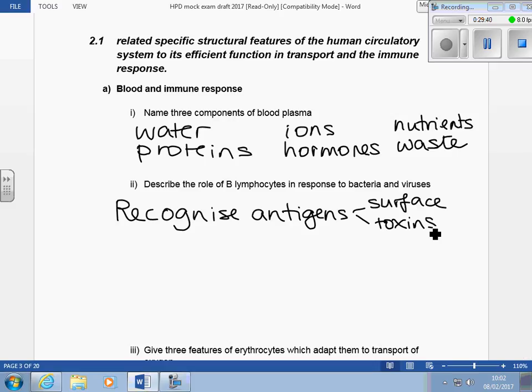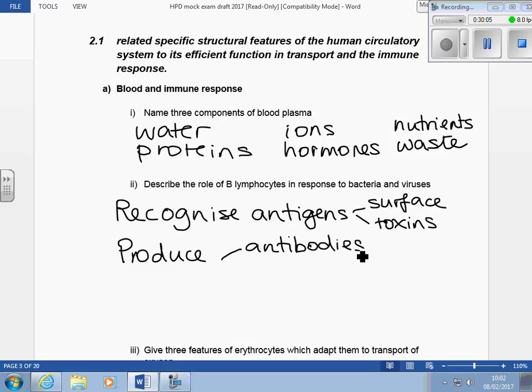And then B lymphocytes produce two things. Antibodies. What else do they produce? What do all lymphocytes, well, what do all the white blood cells, what's the important bit about retaining immunity?